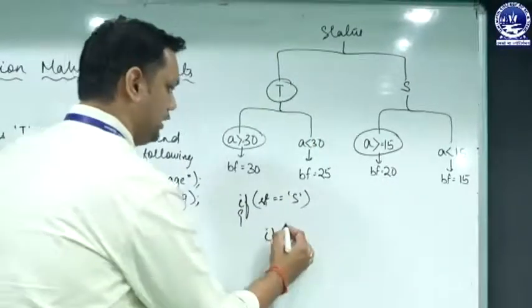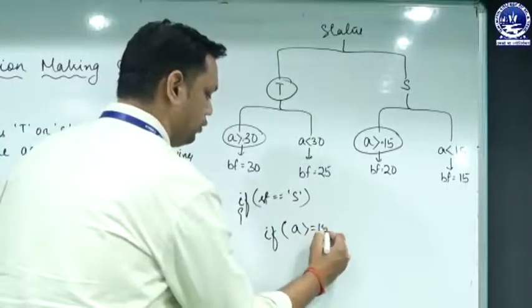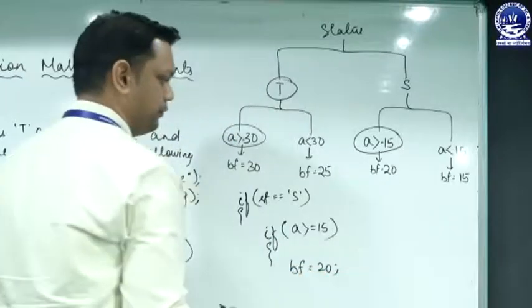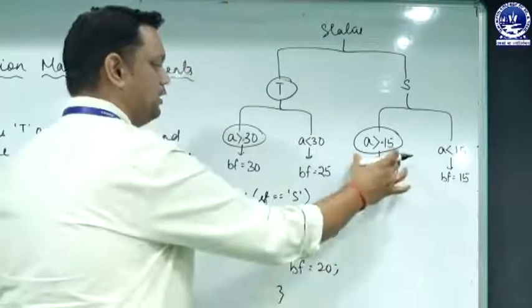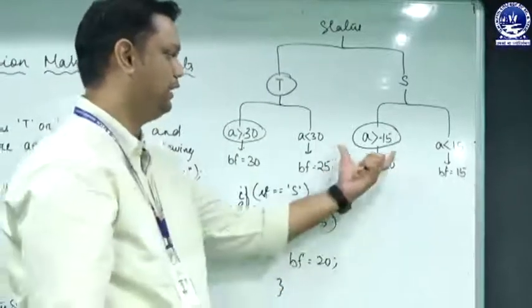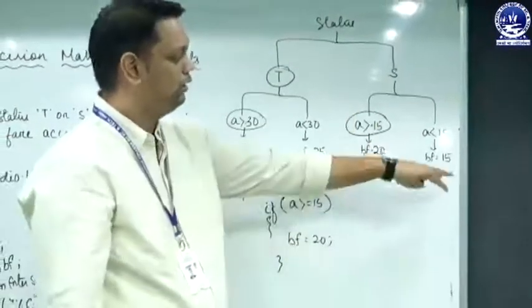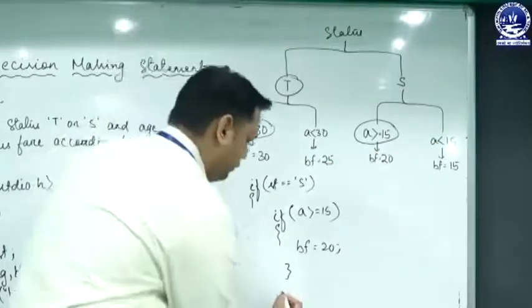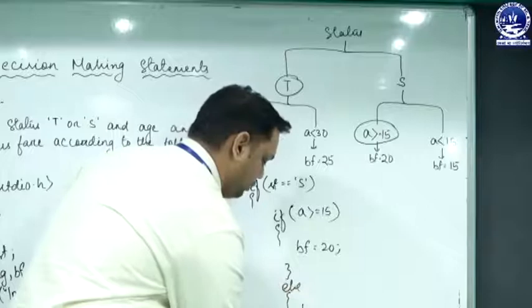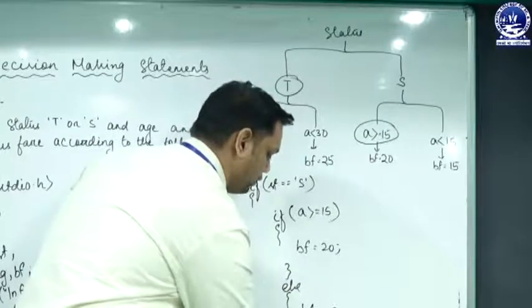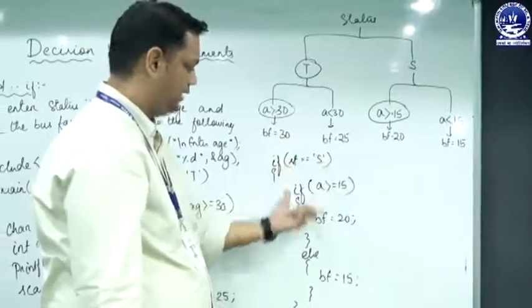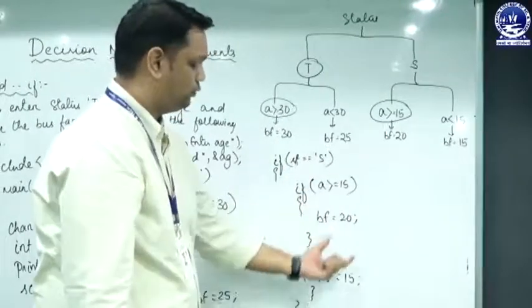So first condition is if age is greater than or equal to 15, then bus fare equal to 20. Similarly, if this condition returns false, that means if the age of the person falls below 15, then I can write else bus fare equal to 15. So this is the total block of student status, and it will calculate the bus fare according to the age.